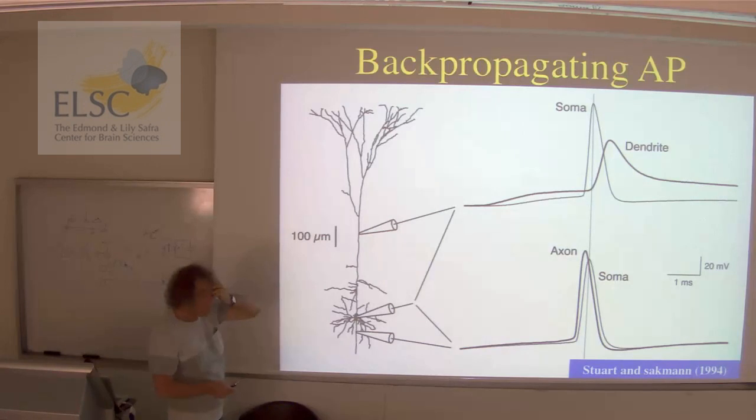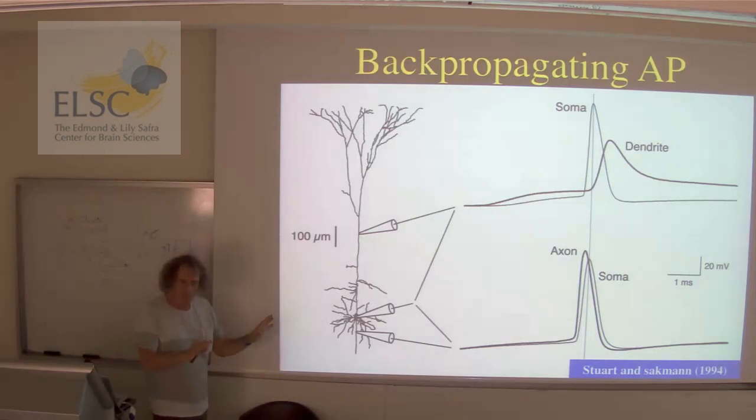It sometimes happens also in biology, but typically not. Typically it always starts here, backpropagates there, starts at the axon, goes to the soma, back to the dendrites, and so on.